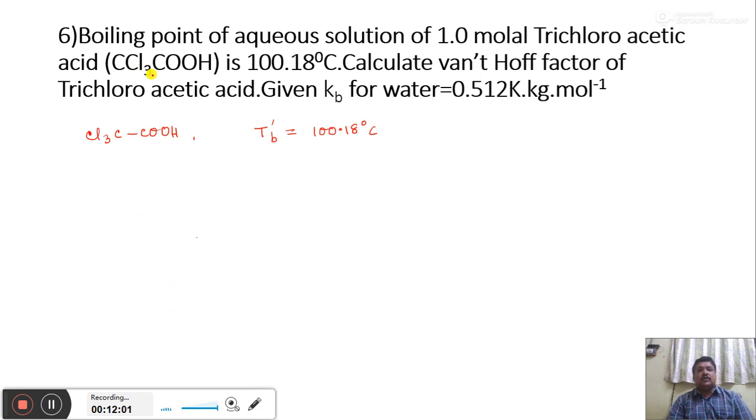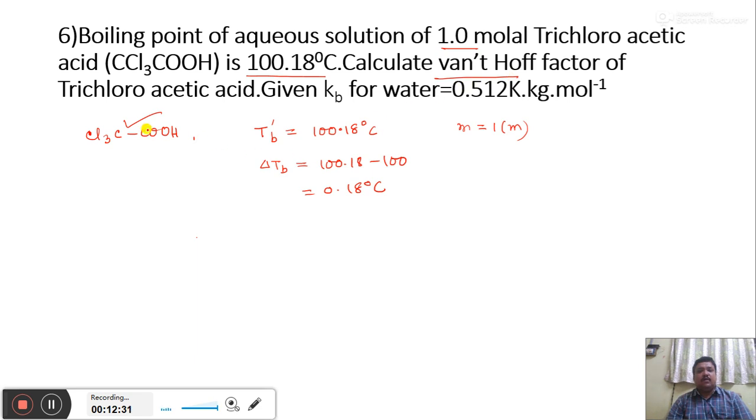My next question is: the boiling point of an aqueous solution of 0.1 molal trichloroacetic acid is 100.18 degree centigrade. That means T dash B is 100.18 degree centigrade. So del TB is 100.18 minus 100 is equal to 0.18 degree centigrade.